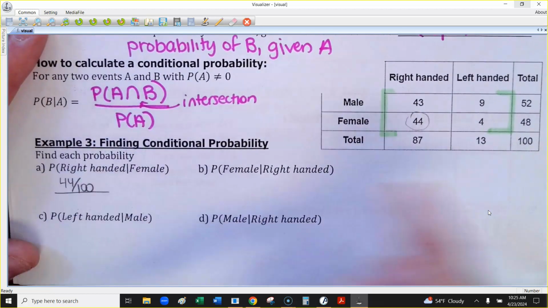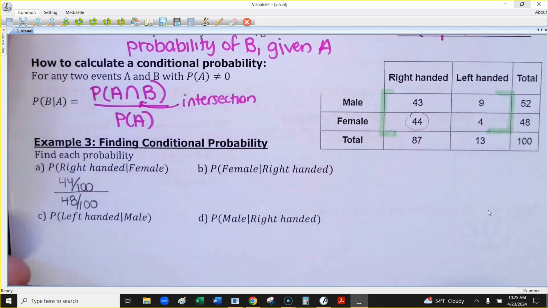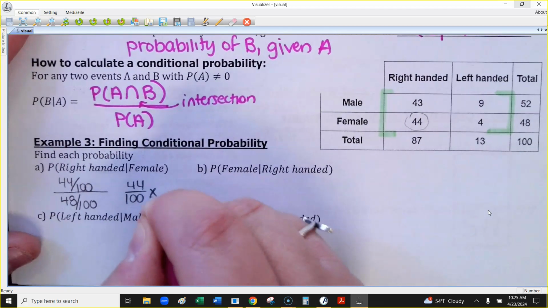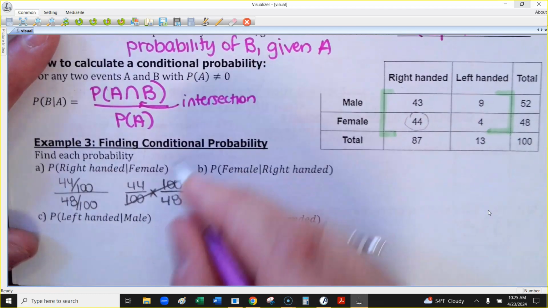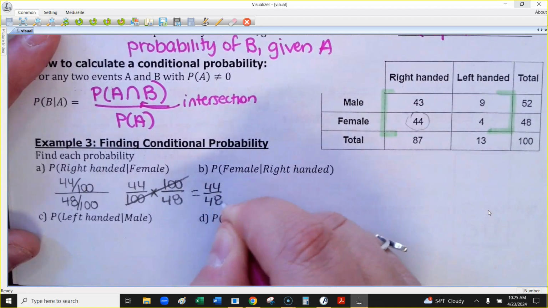There's 48 in the table here. If I do keep, change, flip, you're just going to cancel the 100s out. So you'd have 44 out of 48.